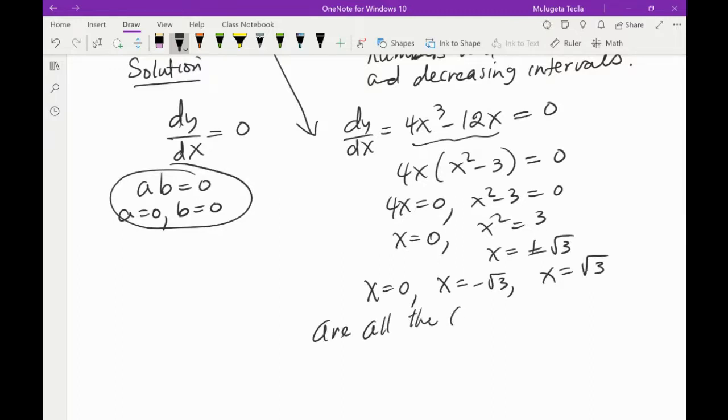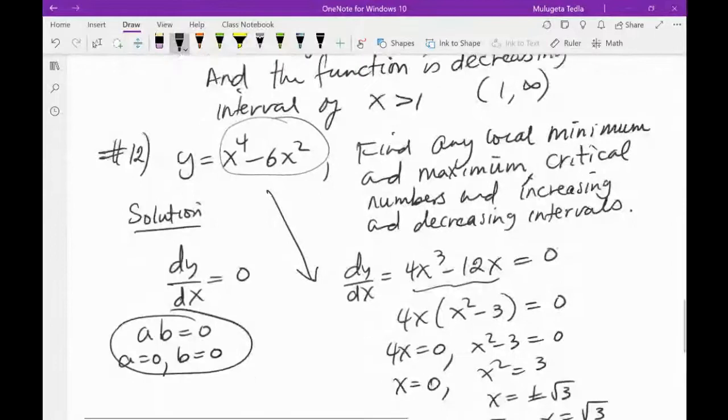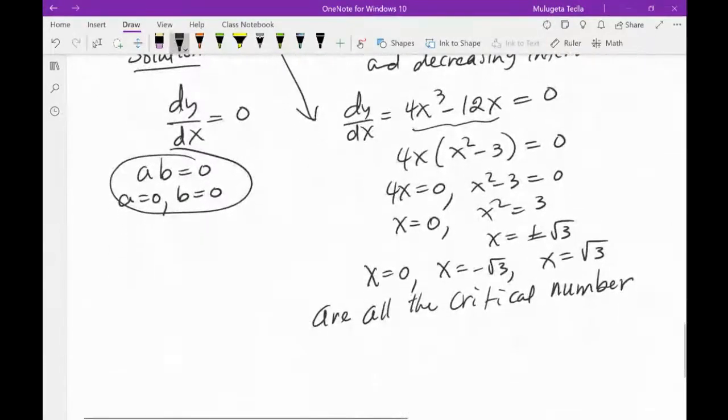As you can see, there are 3 turning points for this graph, because the graph is power of 4. 1, 2, 3. You know what I mean?